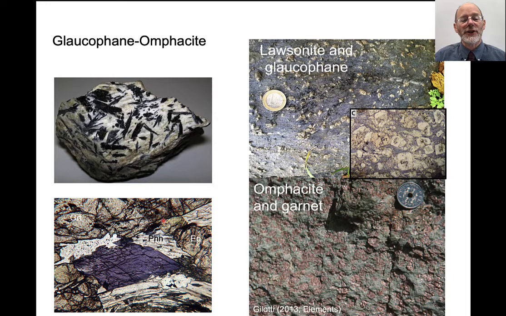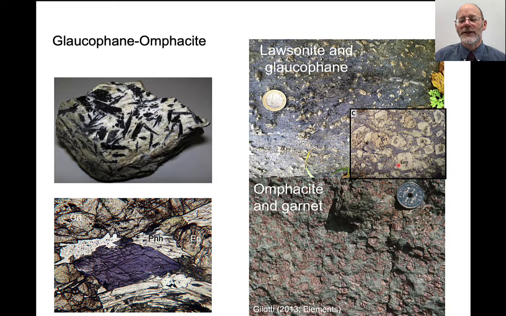Higher pressure minerals, glaucophane and omphacite. These dark crystals are glaucophane. They actually have a very slight blue color. You'd have to see that in hand sample in the sun to be convinced of that, I think. Here is a blueschist, again, blue glaucophane. These light crystals are lawsonite. And here's a picture of a garnet blueschist. So there's a little bit of garnet, but this blue is blue amphibole.